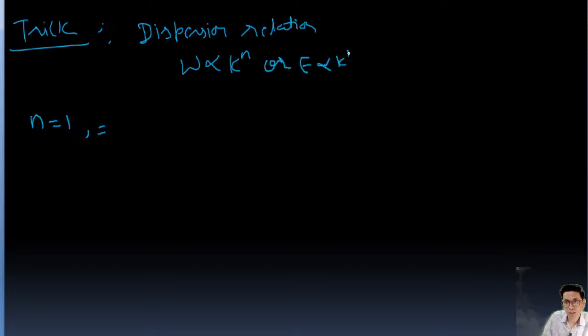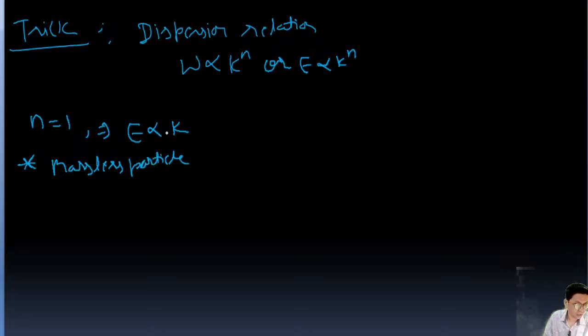If E is proportional to k, this is for a massless particle, like phonon, photon, or optical phonon.